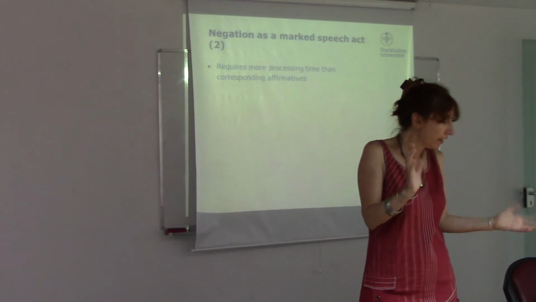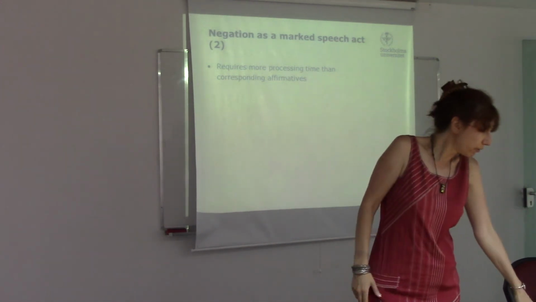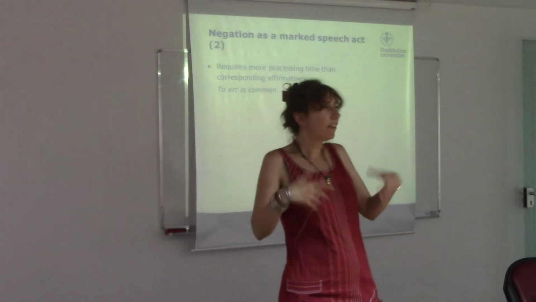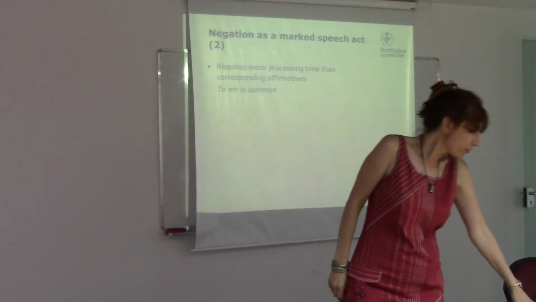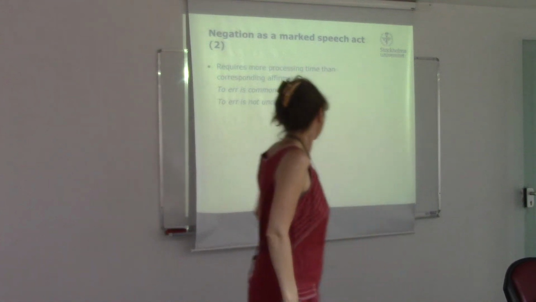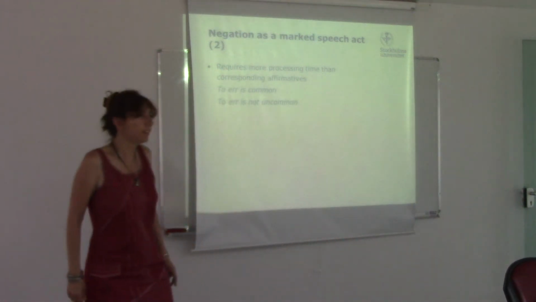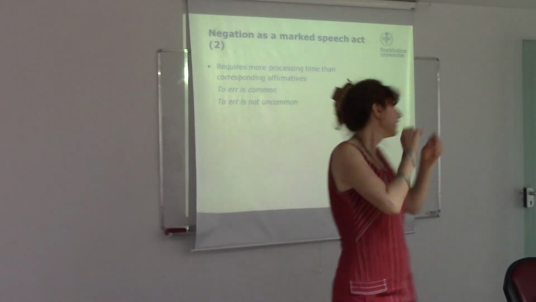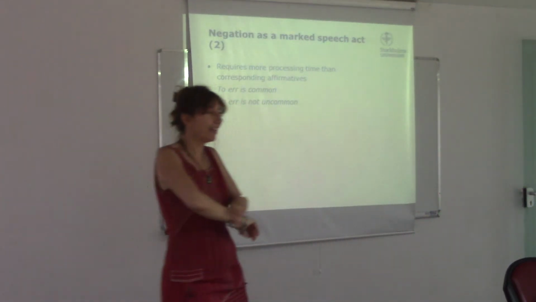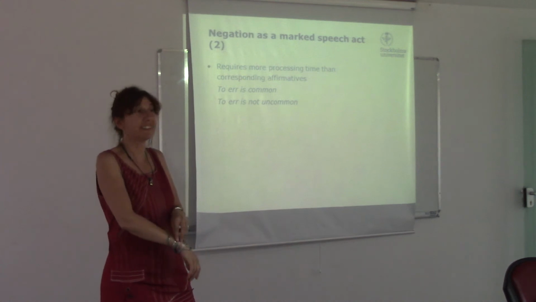So, say something. You say an affirmative sentence like "to err is common," you understand the time to process that is much shorter than something as convoluted as "to err is not uncommon," which basically means the same thing, but it is extremely complicated to even understand.